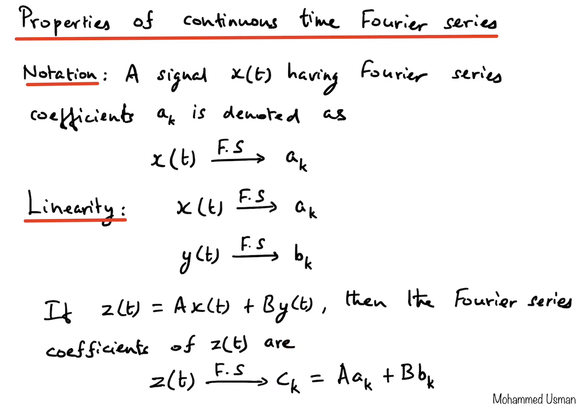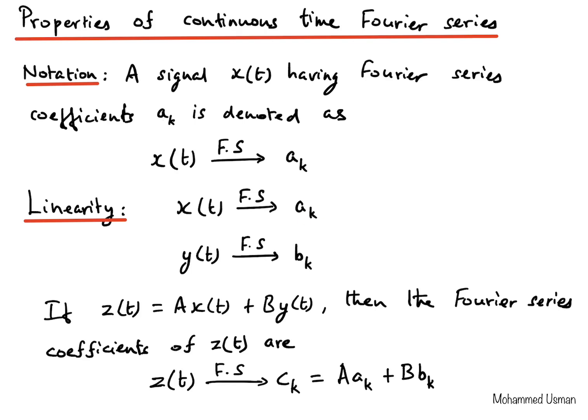If we take z of t and take its Fourier series, we will get its Fourier series coefficients, which we can call ck. But these Fourier series coefficients will themselves be linear combinations of the original signals' Fourier series coefficients. Since z of t is a linear combination of x of t and y of t, its Fourier series coefficients ck are also a linear combination of ak and bk.